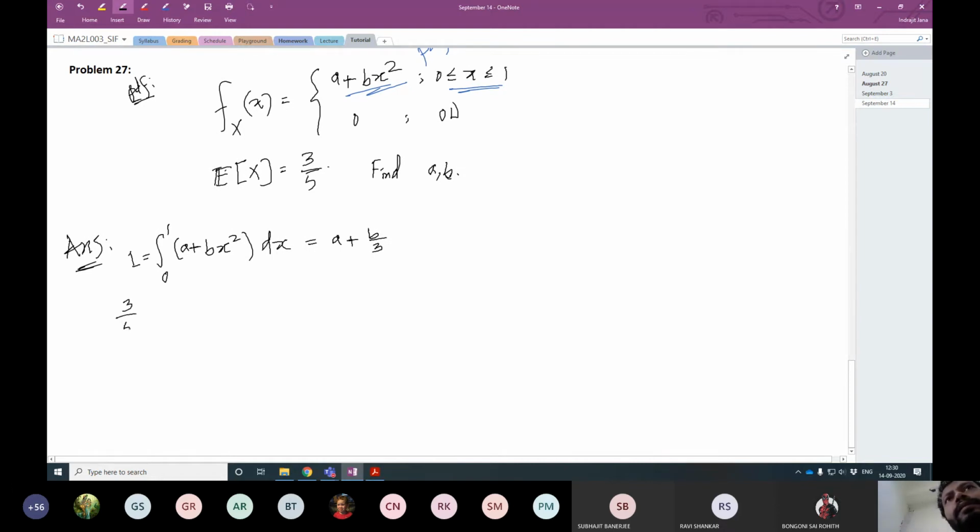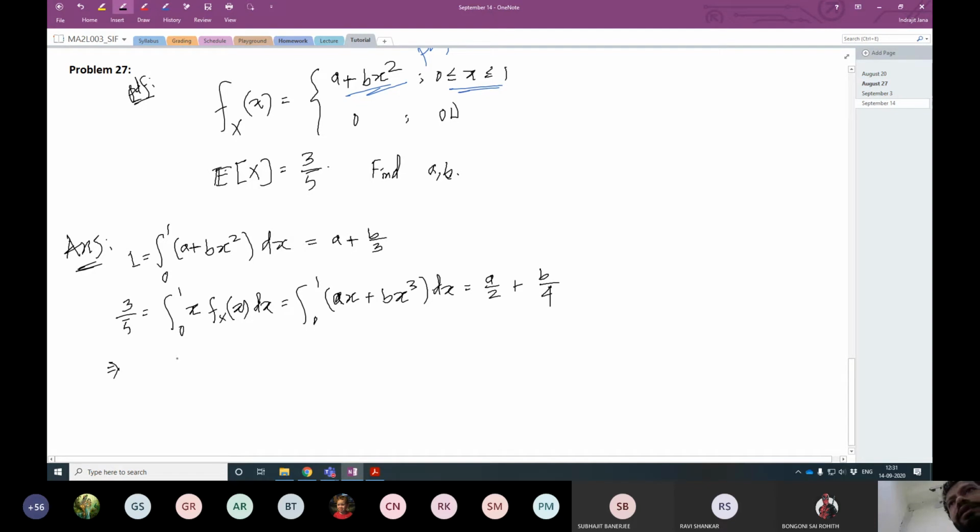So 3/5 is equal to the integration of x times the PDF dx, which is a over 2 plus b over 4. So a over 2 plus b over 4 equals 3/5.